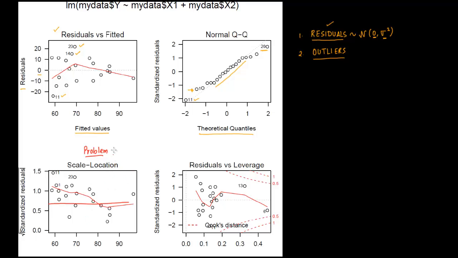This we want to check. We wanted the variance to be constant, but this moves up and down. Again, R notices that point number 11, point number 20, and point number 1 are the problem points.